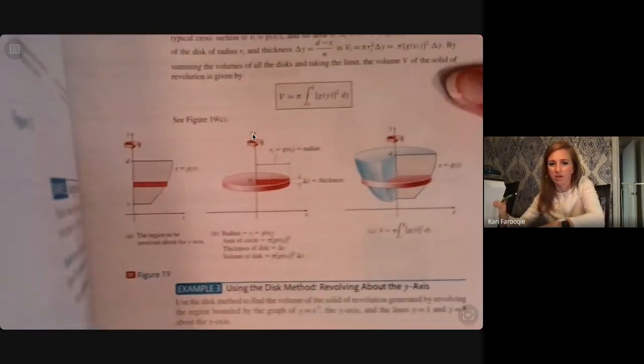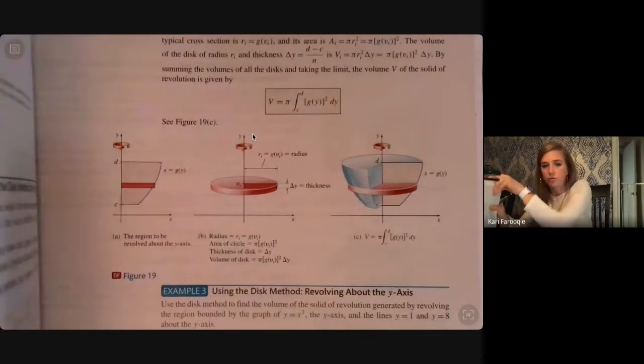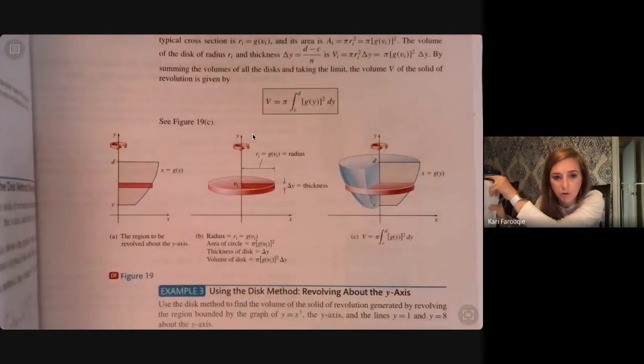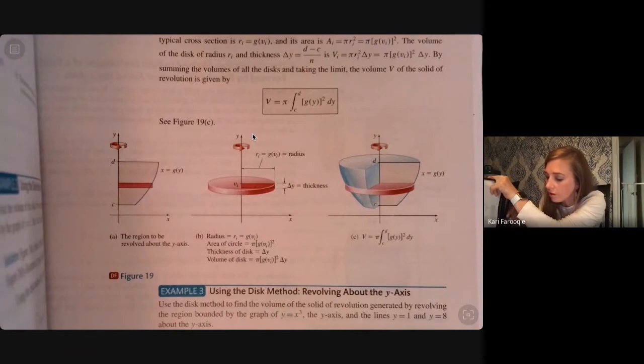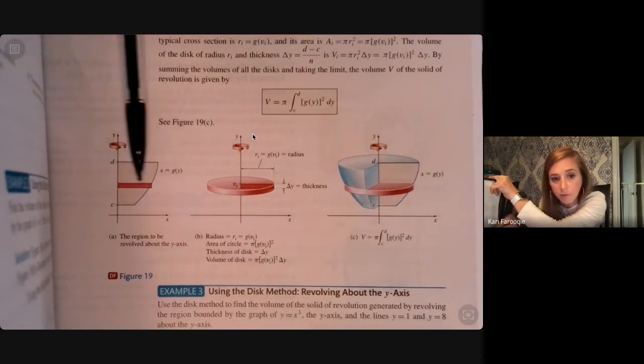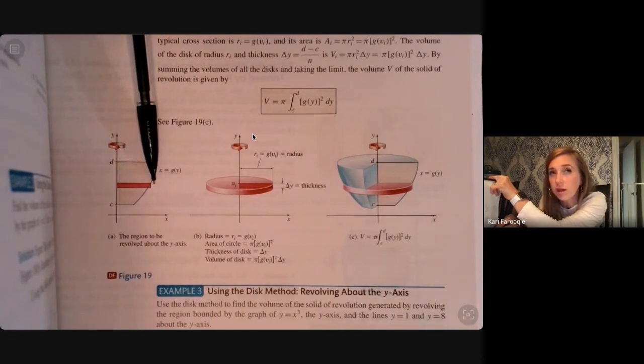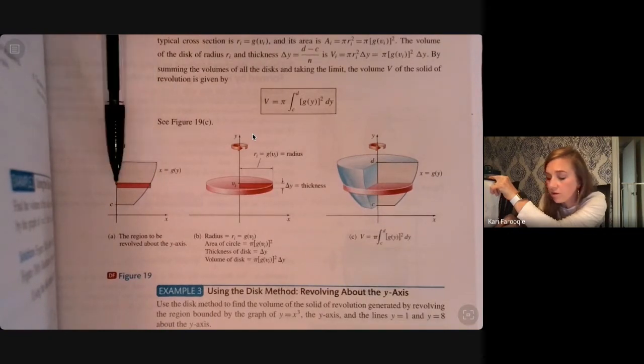Okay, this way. You can see how something similar is done if you instead revolve about a vertical axis of revolution. So same idea, but this time the radius would still be the height of the rectangle, but the height of the rectangle is dependent on this function. And we're going to be thinking about this the same way we did with area. You're going to be thinking right minus left.